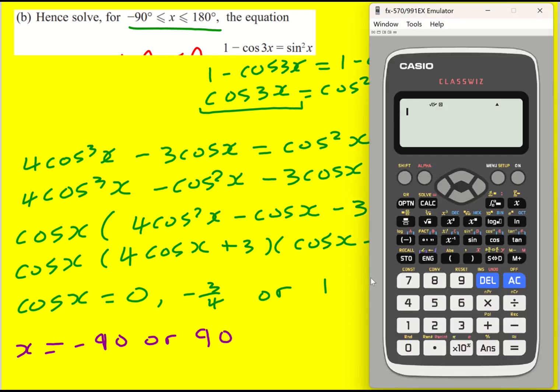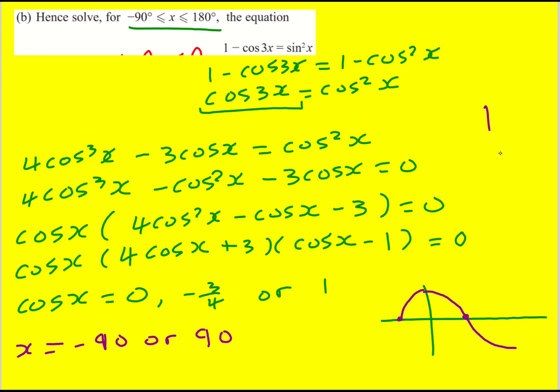If you're doing cast diagrams, then you would do inverse cos of 0, which gives you 90. If you're less familiar with the graph, that's what I'm saying. So because I've got 0 and I get my 90, it's going to be here and then here.